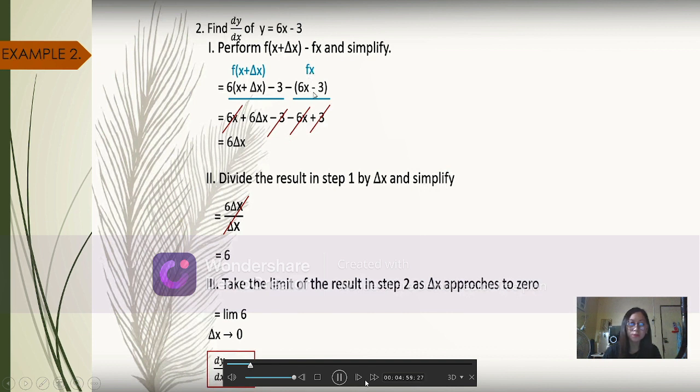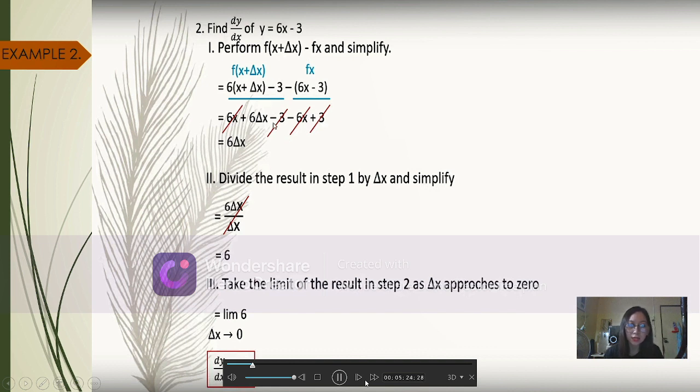Simplify ulit natin. So, yan, magiging ganito siya. Mag-distribute ulit tayo. Kaya natin nakuha ng 6x kasi nag-distribute tayo dito sa 6x, so 6x, rewrite natin yung plus. So, 6, then delta x, pinagsama natin, magiging 6 delta x siya. Then, rewrite natin yung negative 3.